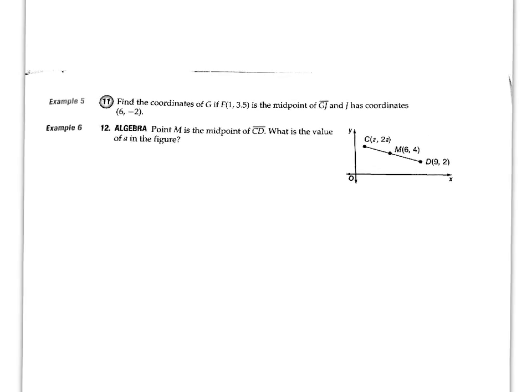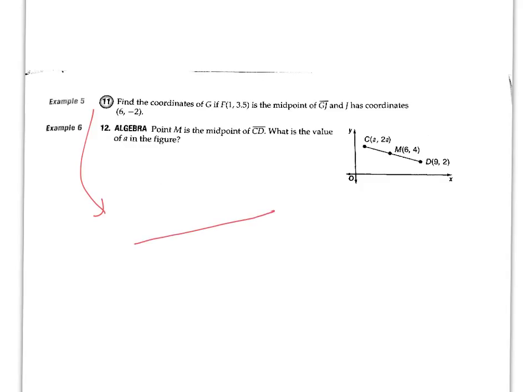Then we have another problem here, and I like these. One thing I would suggest you do is learn to count. Okay, so I'm going to take problem number 11 here first. It says find the coordinates of G if F is, so one thing I want to do is read the rest of it. F is this coordinate, is the midpoint of GH.